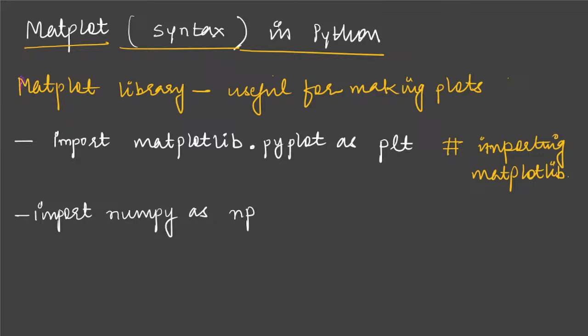But for now, if I want the values for x, since you have imported NumPy as np, you are going to say np dot, ठीक है, and suppose मैंने यहाँ पे लिख दिया linspace, and I took here 0, 10, 100.